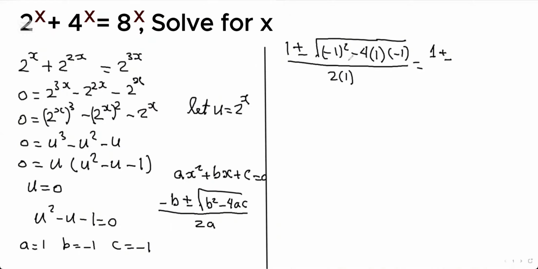So this becomes 1 plus 4, which is square root of 5 over 2.